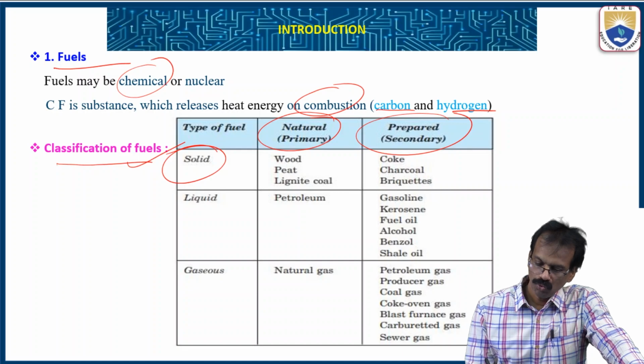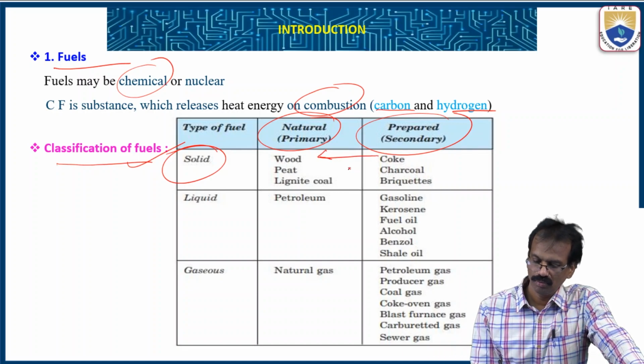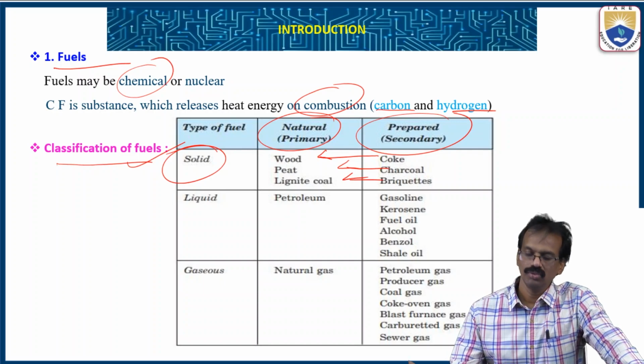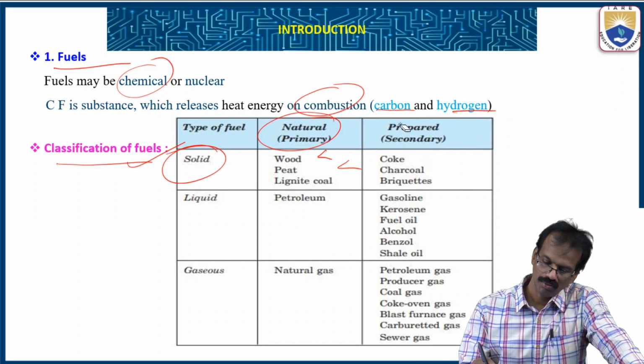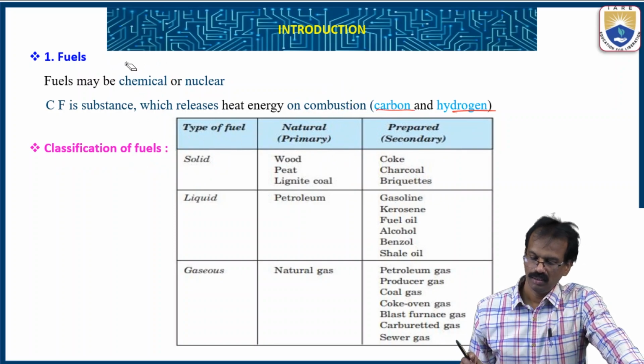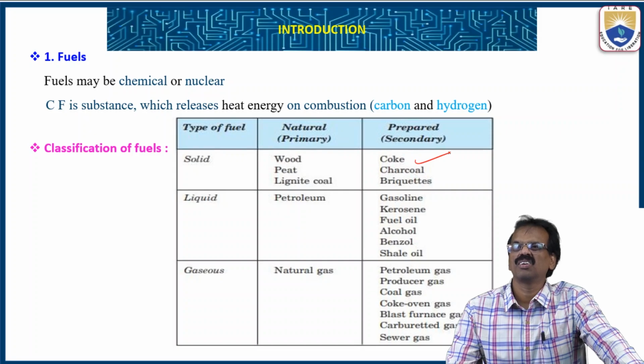Coke will be prepared from wood, charcoal is prepared from peat, similarly briquettes are prepared from lignite coal. We'll see one by one the importance of these solid fuels and what the types of these fuels are.